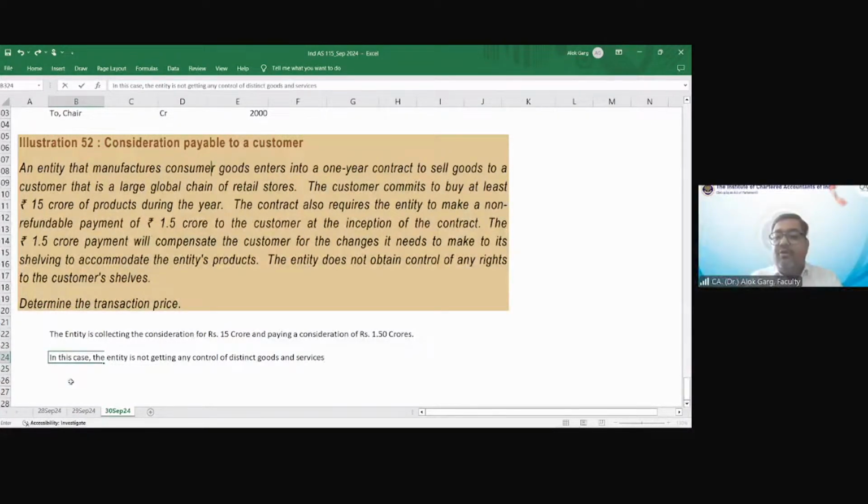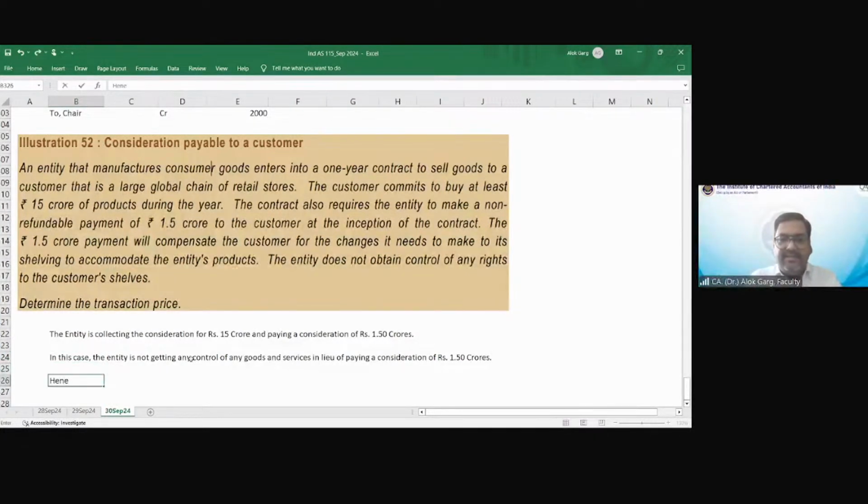If you are not able to remember the word distinct, not to worry. Simply write that in this case, the entity is not getting any control of any goods and services, in lieu of paying a consideration of rupees 1.50 crores.